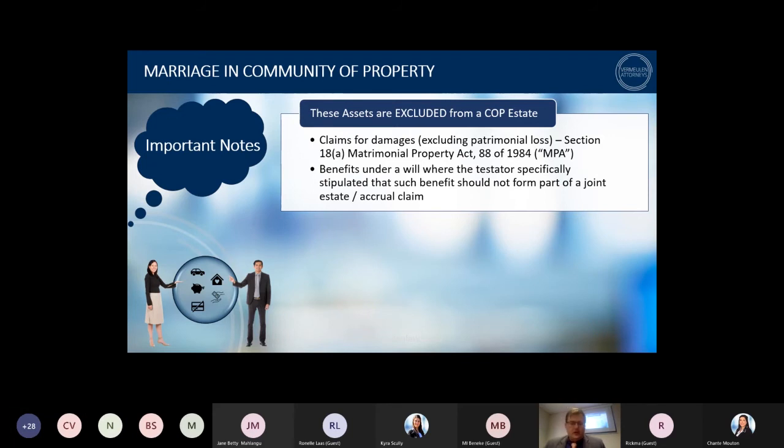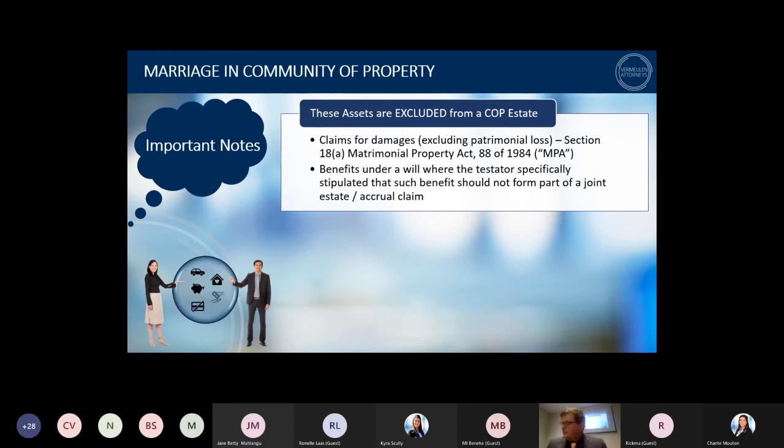For those in the mediation space, this is one of those things where you are going to see a lot of clients being very, very angry with one another because spouse A says, my mom in her will left me X and I don't want you to share in it.